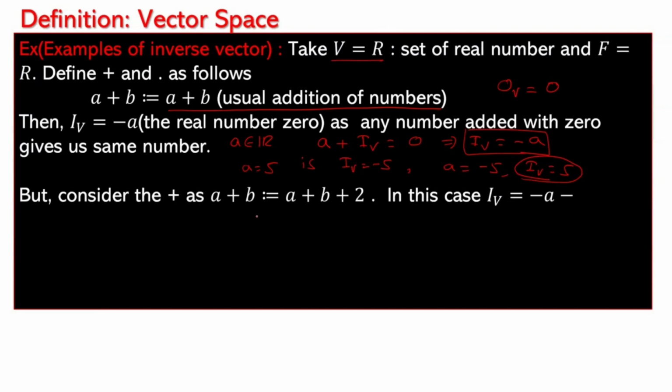But if you take the other set, where we saw that minus 2 is the 0, then a plus iv should be equal to minus 2.